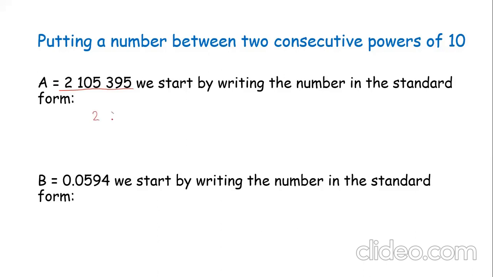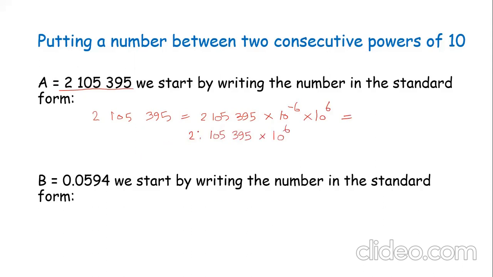So we rewrite the number as multiplied by 10 to the power of minus 6 multiplied by 10 to the power of 6. And this will give us 2.95 multiplied by 10 to the power of 6, which is the standard form of this number.